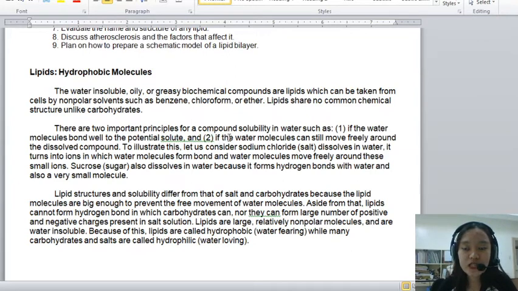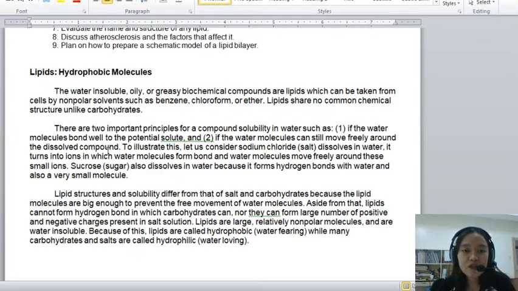And for the second category, if the water molecules can still move freely around the dissolved compound. So when you say move freely, dapat yung solute, the present sa solvent, ang kanilang molecules are small enough for the water molecules to still move around the solute molecules.